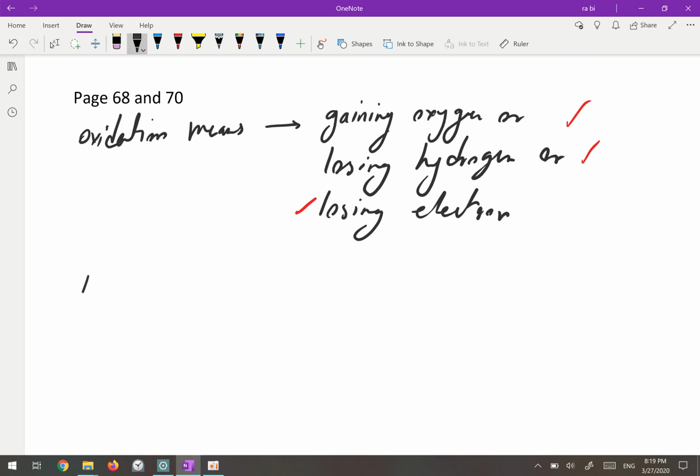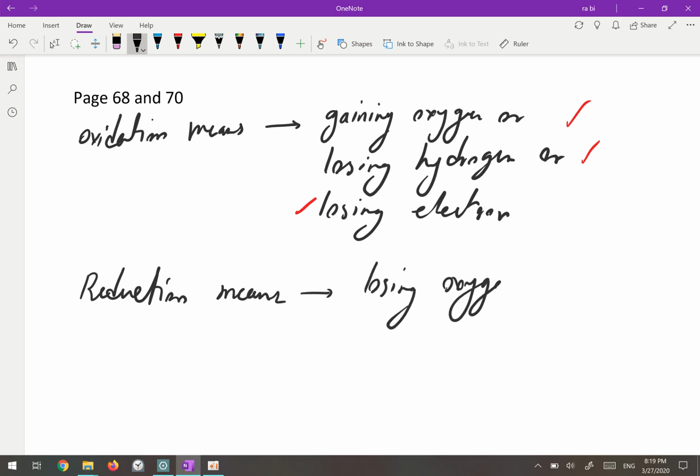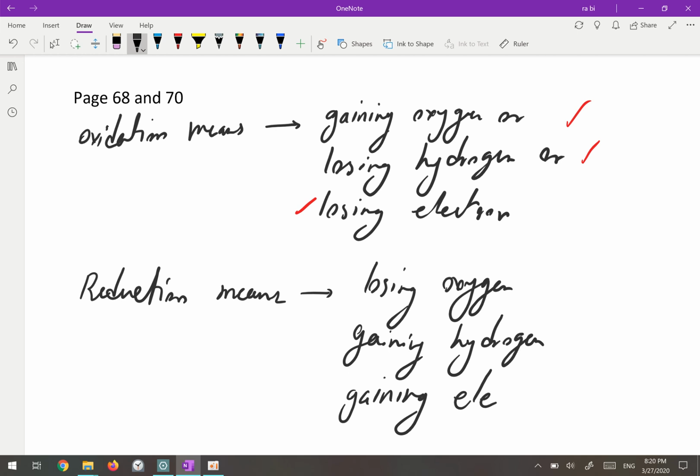On the other hand, reduction means, so you know that the reduction is opposite of oxidation. So reduction means losing oxygen, gaining hydrogen, or more complete definition, it's gaining electron.